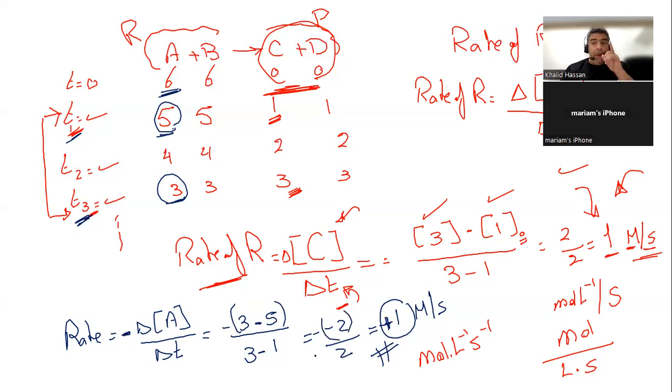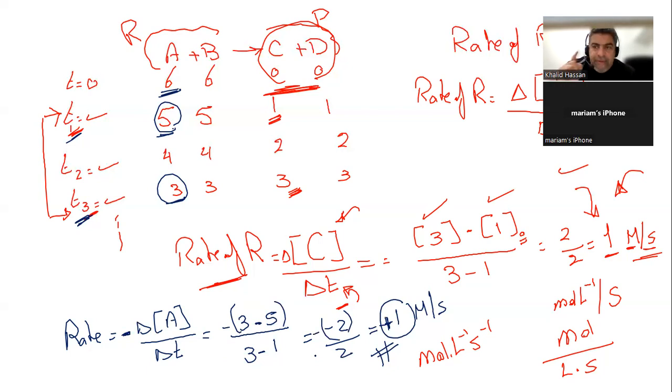Why? Because the rate is measured by decreasing concentration, so it will give you a negative, and there is no negative rate. You never drive your car and say that you are moving with a speed of minus blah blah. There is no speed of minus, it's a positive value.